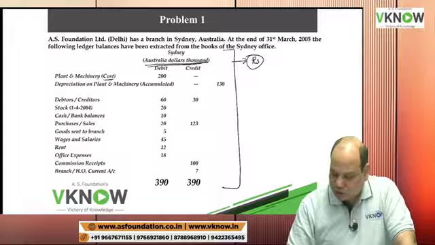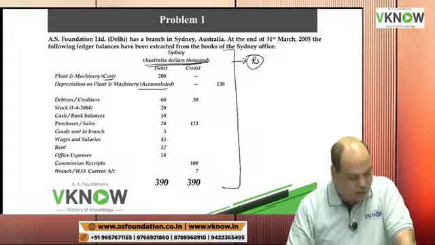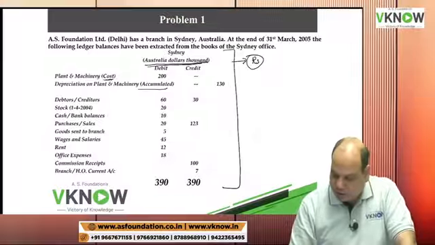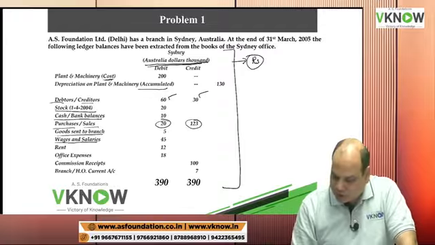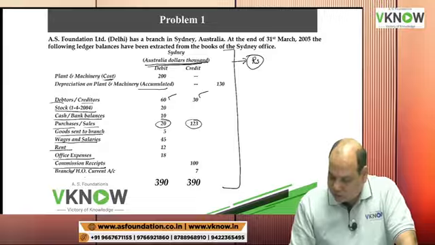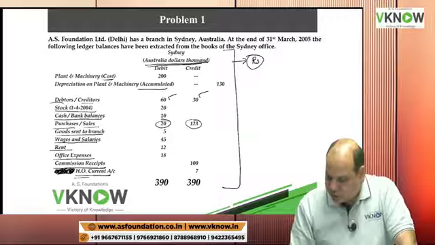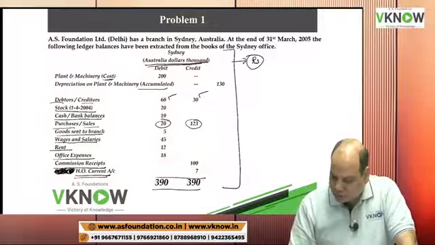Plant and machinery cost, depreciation on plant and machinery, debtor, creditor, where the debit balance is debtor and the credit is creditor, opening stock, cash and bank, purchase, sale, goods sent to branch, wages and salary, rent, office expense, commission receipt, and balance payable to HO, the amount payable to head office, and this is the total.